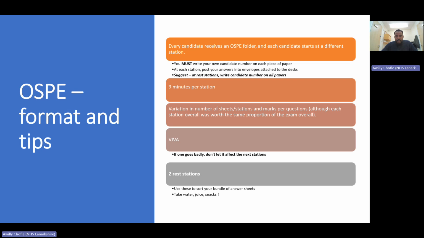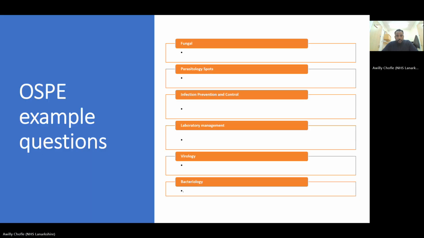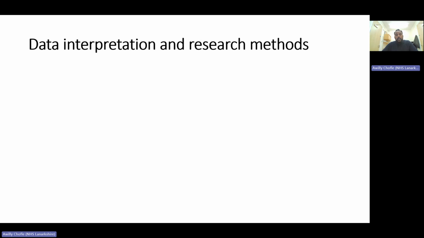OSPE format and tips. As I've said, you receive your envelope. You have 9 minutes in each station, and you have 2 rest stations, and you have 2 vivas as well. There's 1 question which is data interpretation and research method.